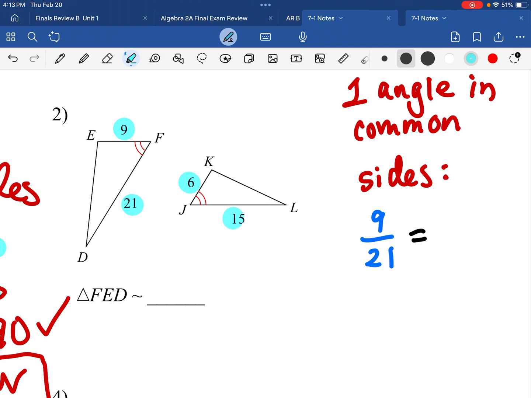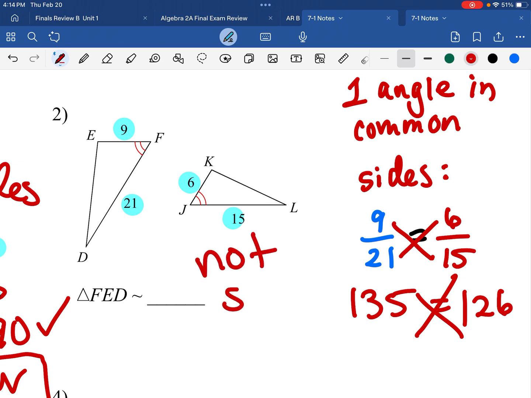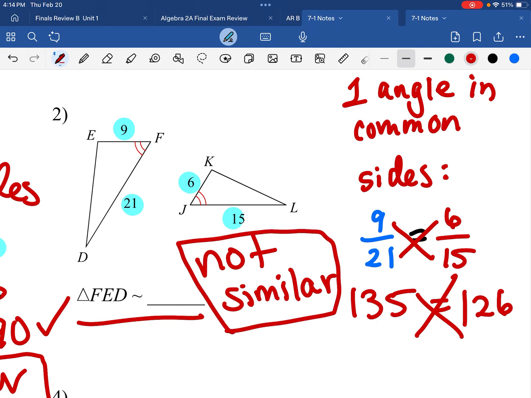I don't think so, but we shall see. If I multiply 9 times 15, that gives me 135. And if I take 21 times 6, that gives me 126. So those are not equal, so these are not similar. When they're not similar, you don't have to fill in that statement right there. So that's all we would be looking for.